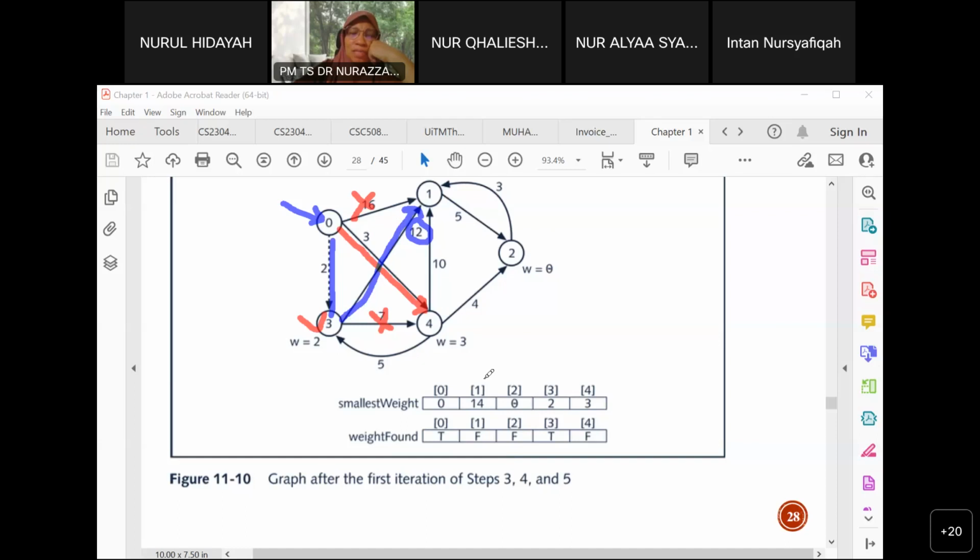We got 14. Okay, now we repeat again in that algorithm, because we still have vertex 4.